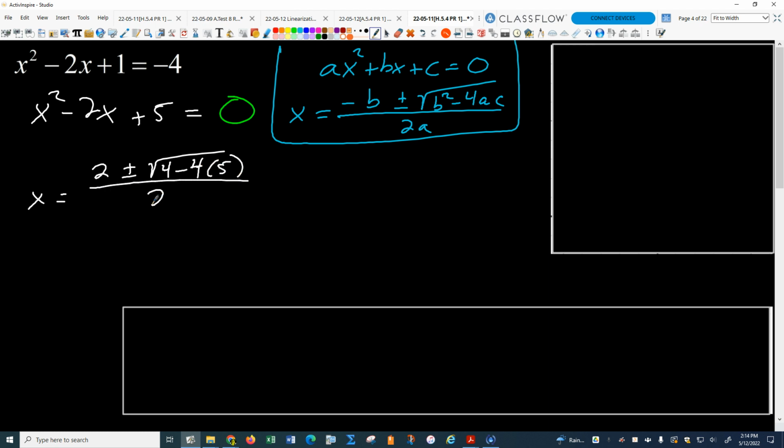All divided by 2. Okay, so I got to simplify that. 2 plus or minus the square root of 4 minus 20 is negative 16, right? All divided by 2. Okay, so that's giving me 2 plus or minus, what's the square root of negative 16? 4i, okay.